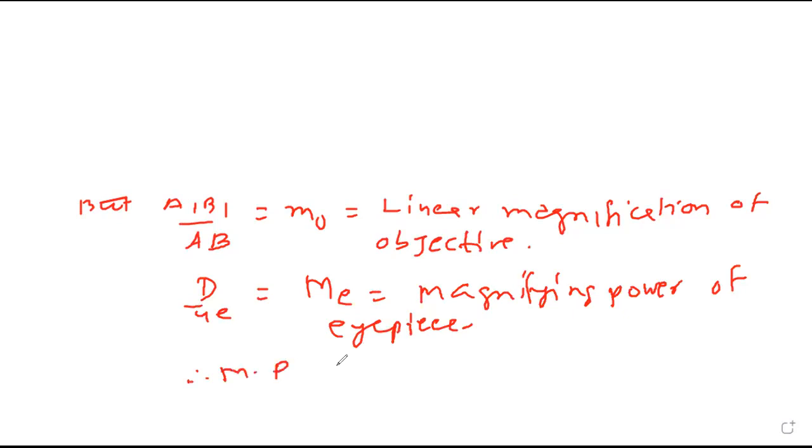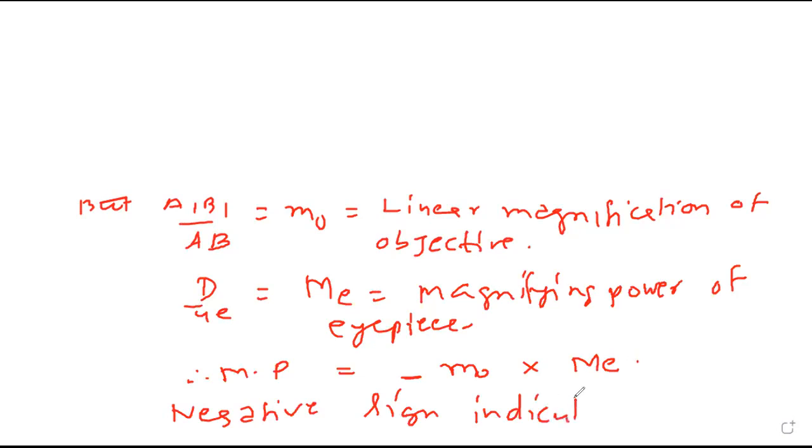Therefore, the magnifying power of the compound microscope is minus M0 into ME. The negative sign indicates that the final image is inverted with respect to the object.